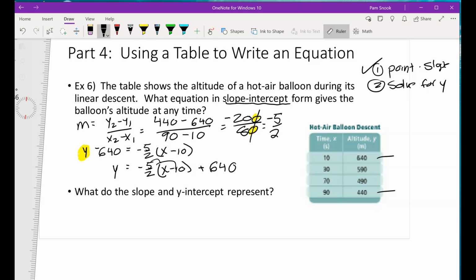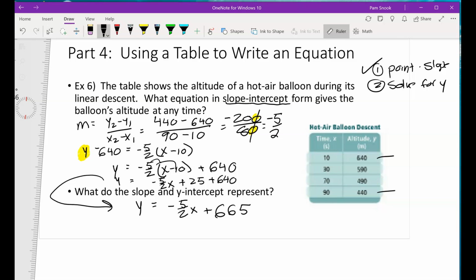Now distribute that negative 5 halves, and I get y equals negative 5 halves x plus 25 plus 640. So here's my answer. I'm running out of room, so I'm just going to come down here. y equals negative 5 halves x plus 665. So now I've got my answer in slope-intercept form.